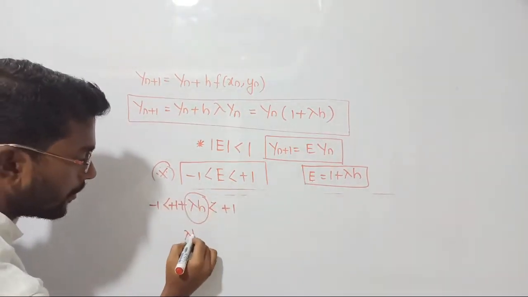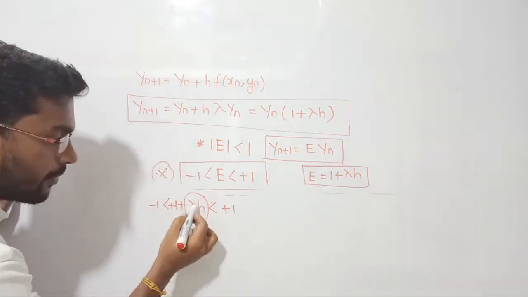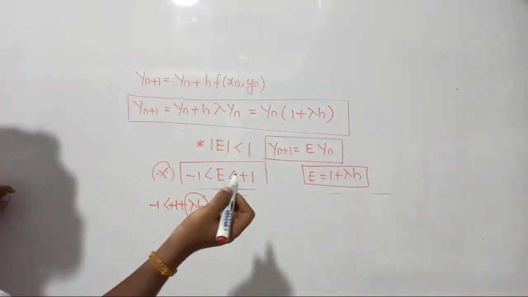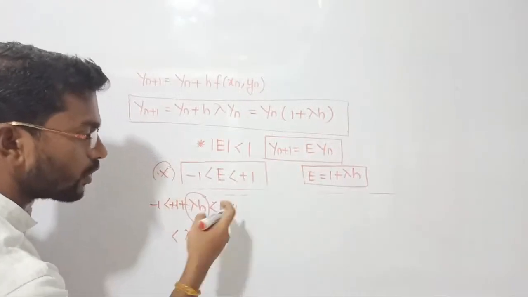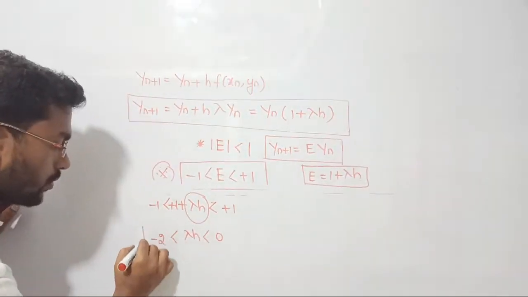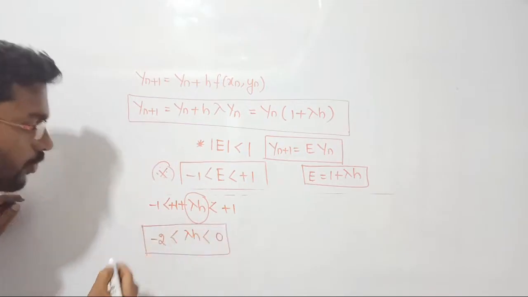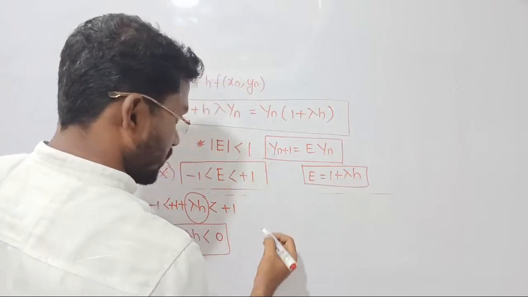So lambda h lies between, there is 1 plus lambda h, so passing it outside gives lambda h equal to -1, and you pass -1 to both sides. Then +1 with -1 will become 0, and -1 will become -2.